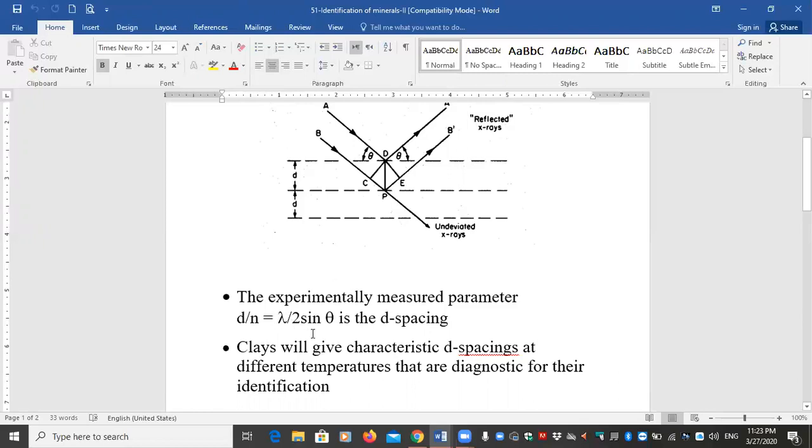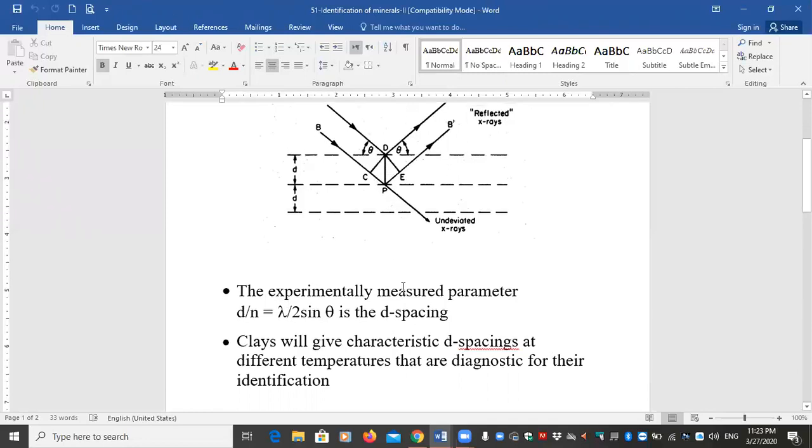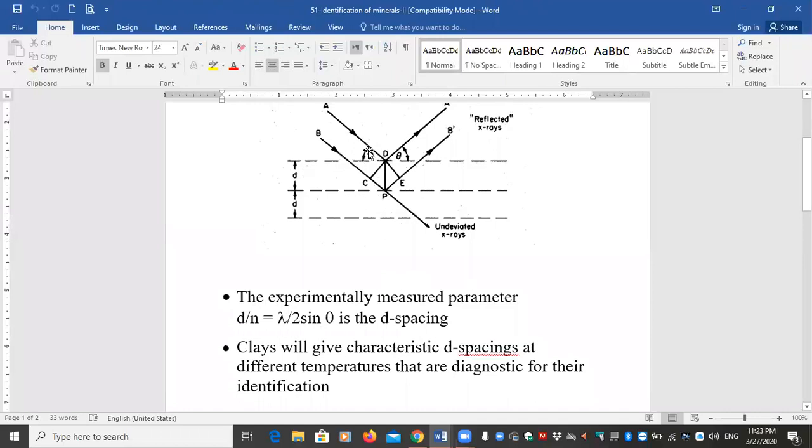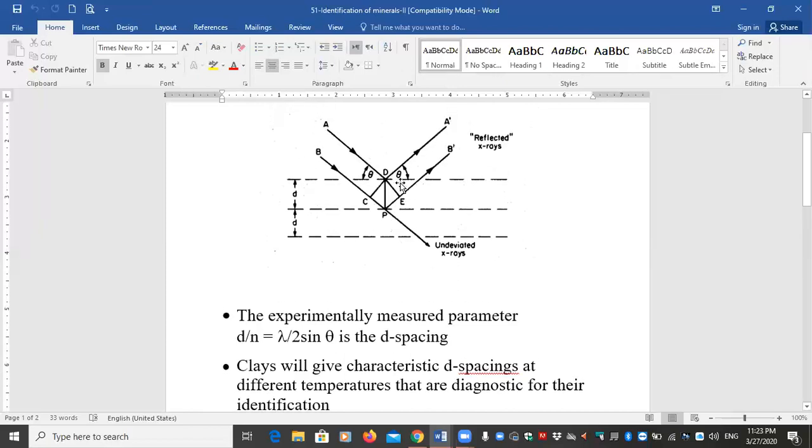So d equals lambda over 2 sine theta. D is the spacing, and it's called the D spacing. So theta, this is the theta, the angle of the X-ray that strikes the surface, between it and the horizontal surface of the crystal unit.